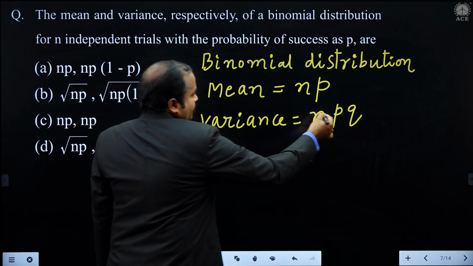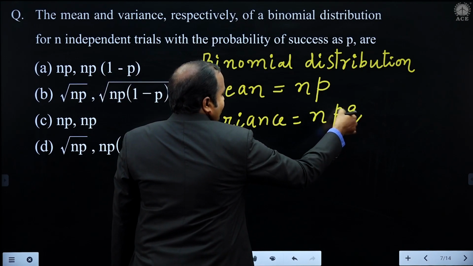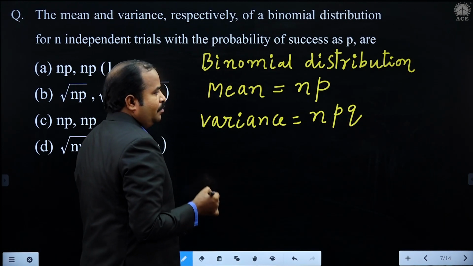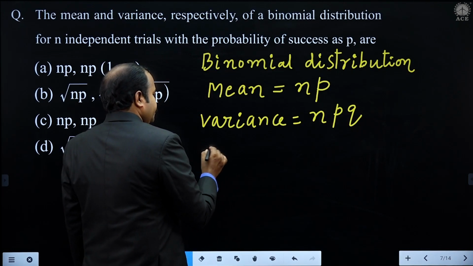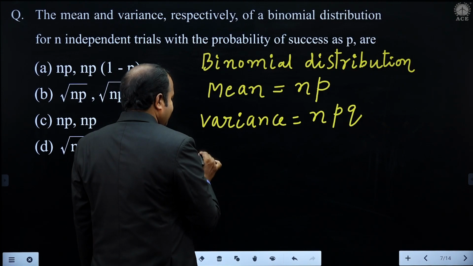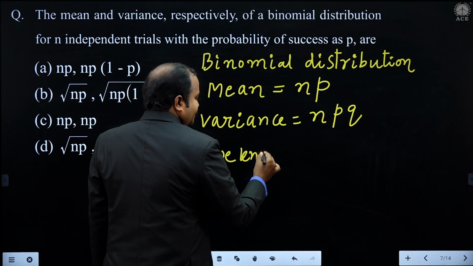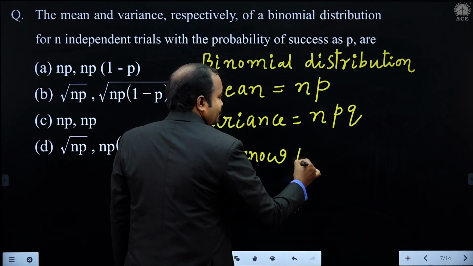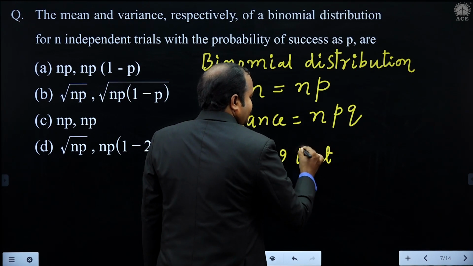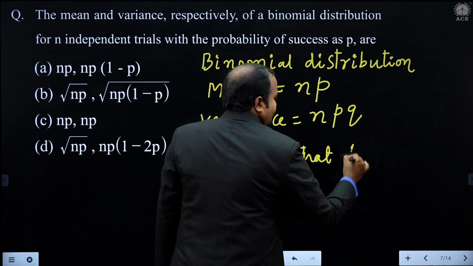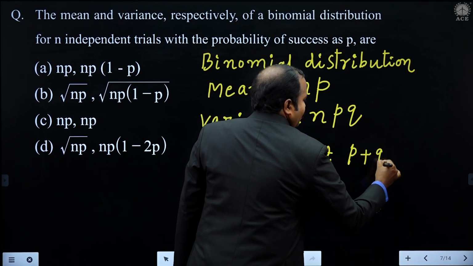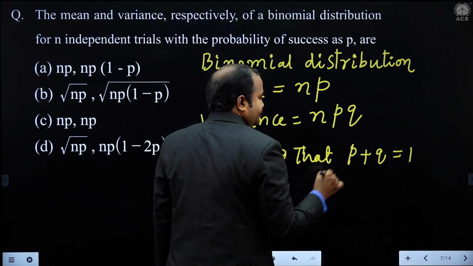So what is the relation between p and q? We know that p plus q equal to 1 only.